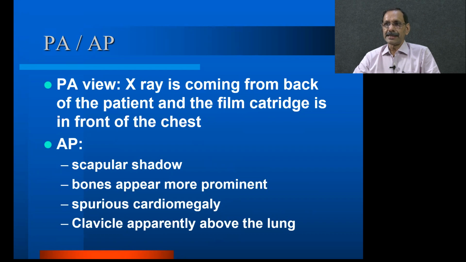And there will be a spurious cardiomegaly because the X-ray is coming from the anterior portion and then expanding like that. The cardiac shadow appears a bit enlarged. And the clavicle appears above the lung fields. Two reasons.